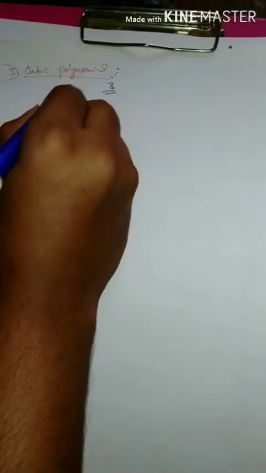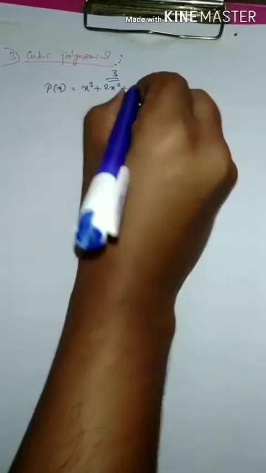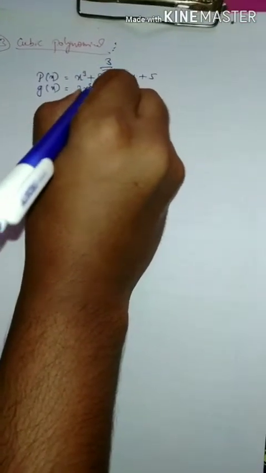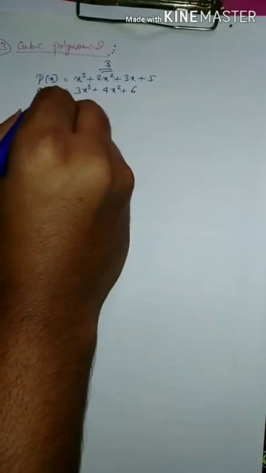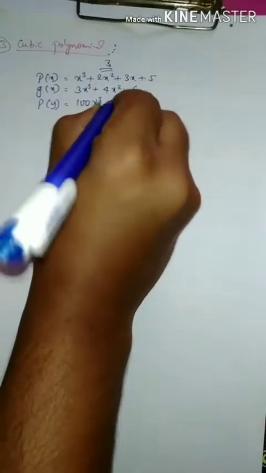For example, p of x is equal to x cube plus 2x square plus 3x plus 5, g of x is equal to 3x cube plus 4x square plus 6, and phi of y is equal to 100x cube plus 7.